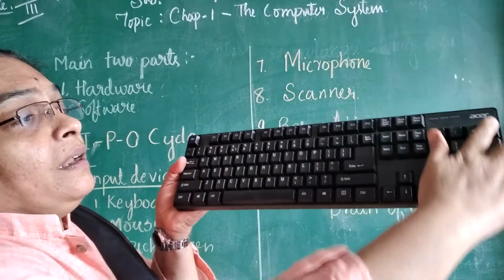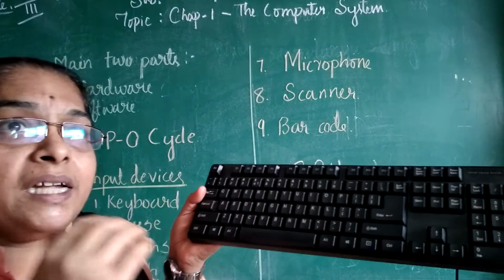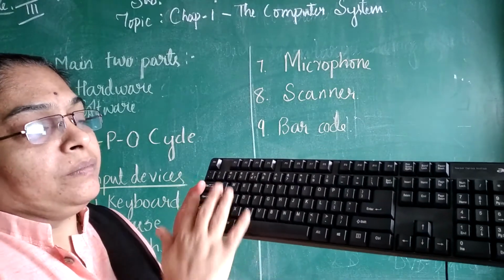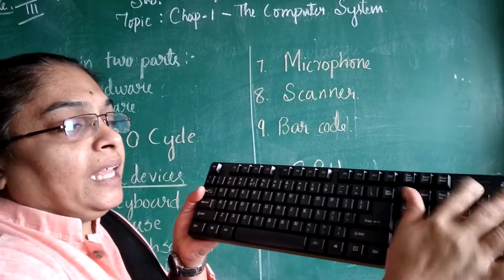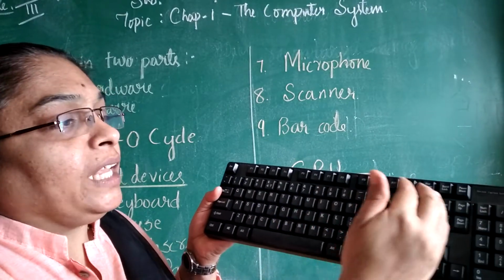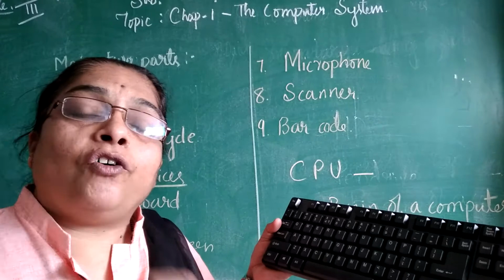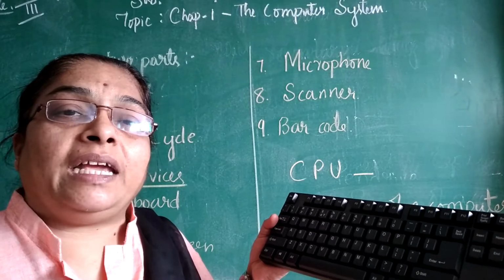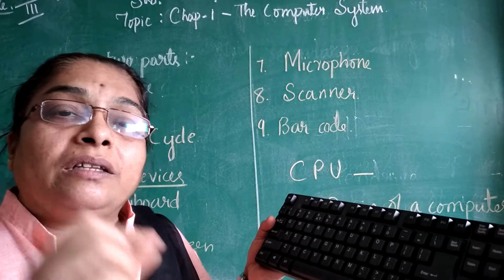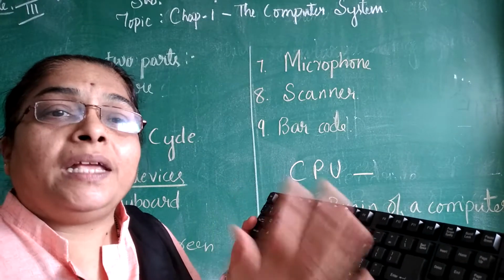There are keyboards of different companies, so each and every keyboard will have a different structure. The size may be the same, but the keys may vary a little bit from one company to another. For example, there may be 104 keys in one keyboard, maybe 102 or 103 keys in some other company's keyboards.